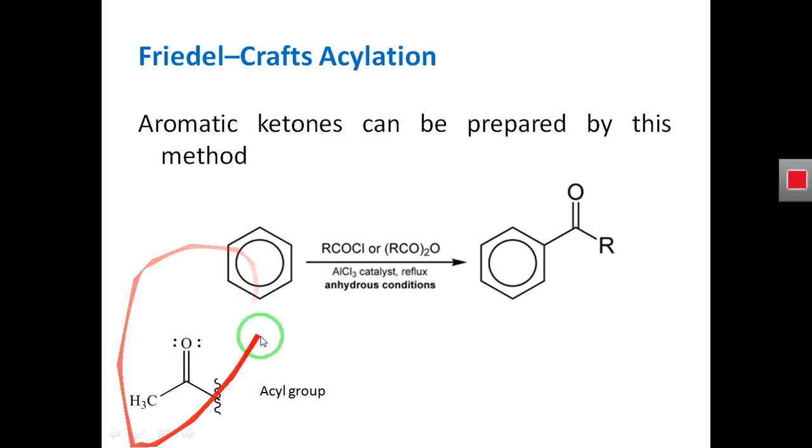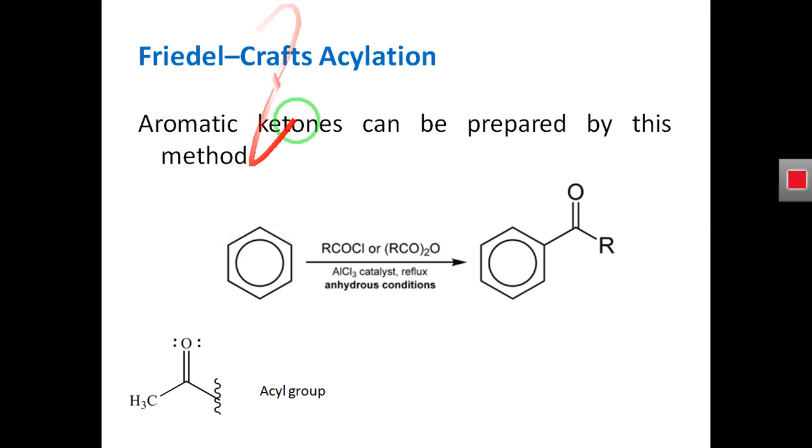Here we can see this is an aromatic compound. These conjugated double bonds in the aromatic compound can be represented as a ring structure or as double bonds.